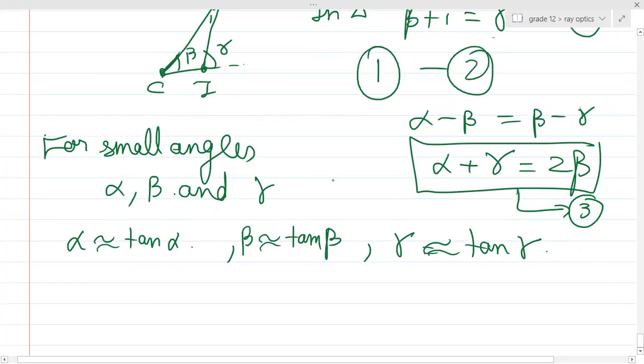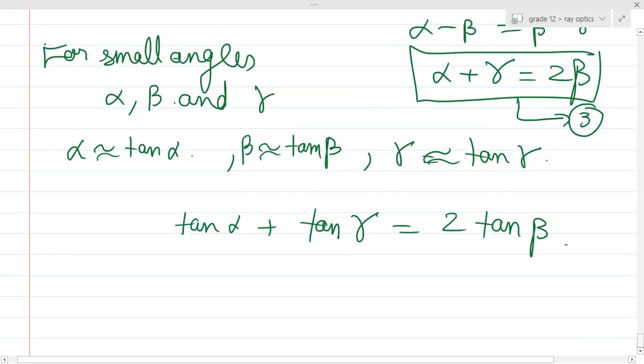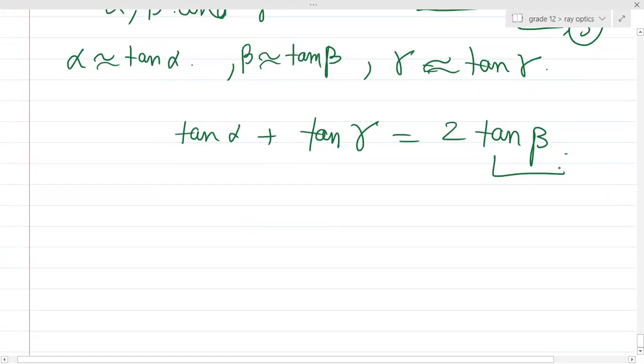So from this equation, can I say tan alpha plus tan gamma is equal to twice of tan beta? Yes or no? This is my equation number four.